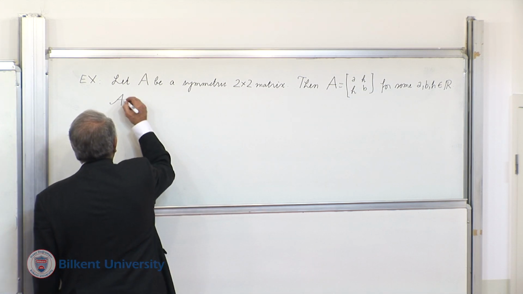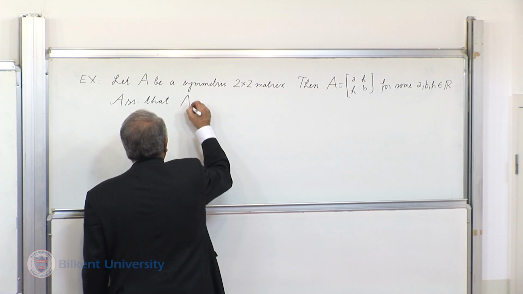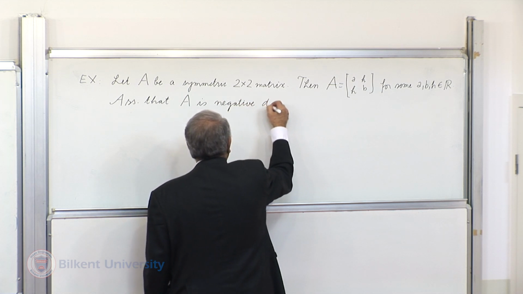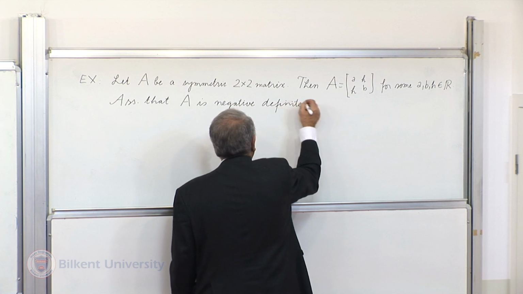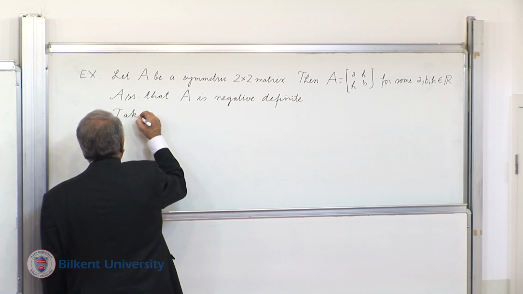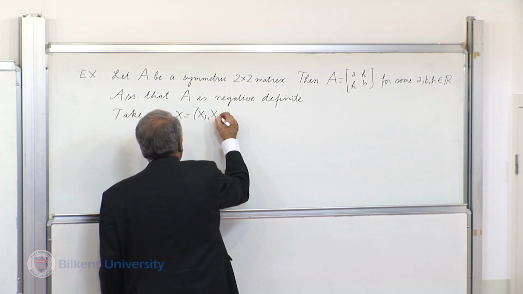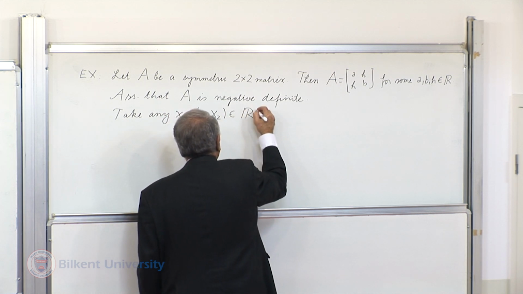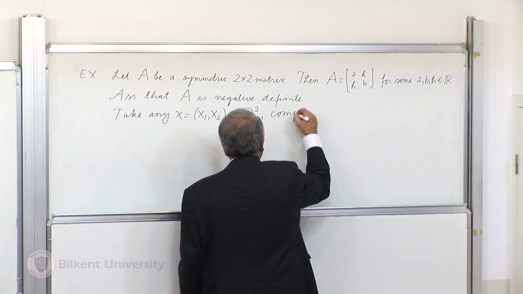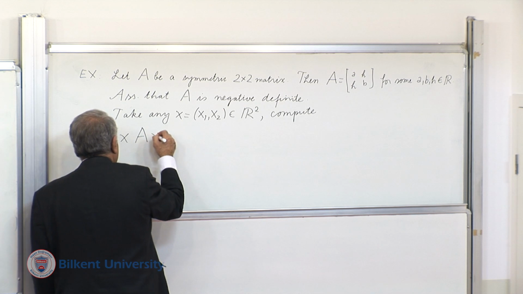Now assume that A is negative definite. Now let's first take any x = (x1, x2) in R2 and compute explicitly x A x transpose.